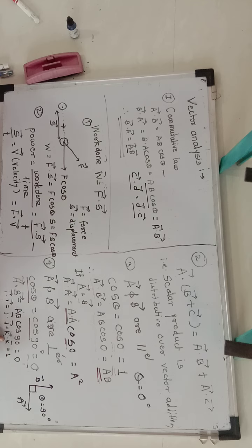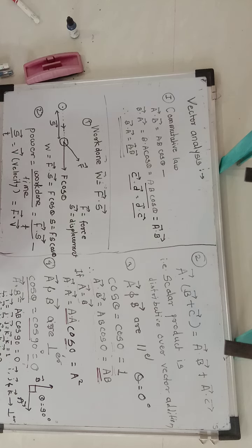And also, since i bar, j bar and k bar are mutually perpendicular to each other, i bar dot j bar is equal to j bar dot k bar is equal to k bar dot i bar is equal to 0. Okay, these are the properties of the scalar product or the dot product.